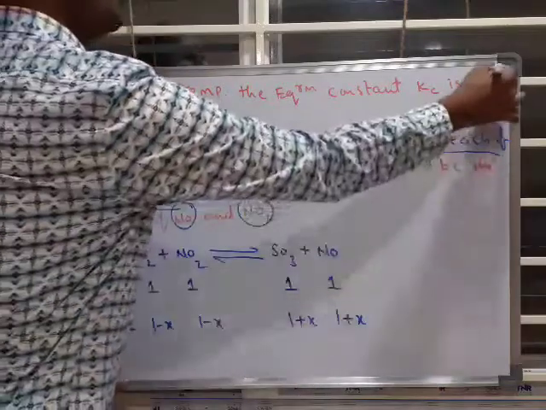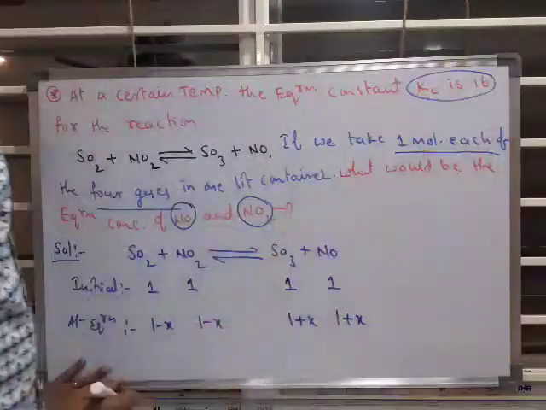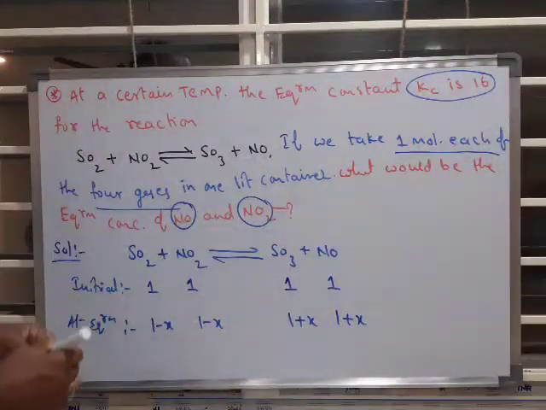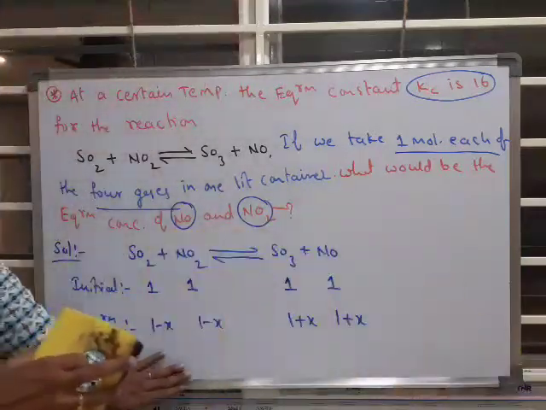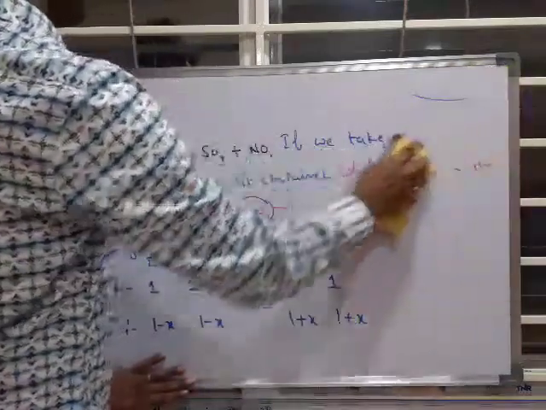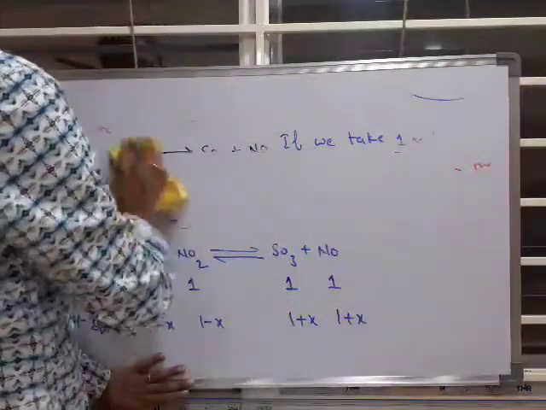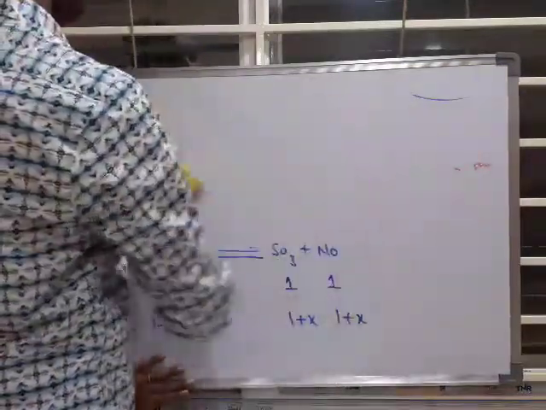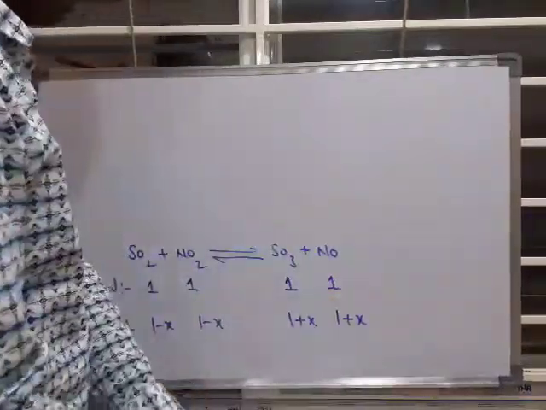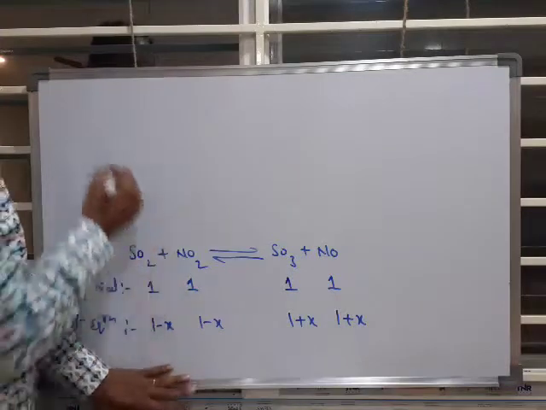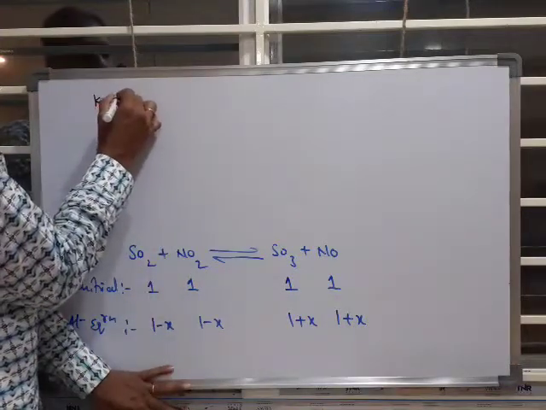So one more thing is given: the equilibrium constant value is 16. So that usage is very important. So Kc is given as 16. Okay, remember. So Kc is 16. So how?